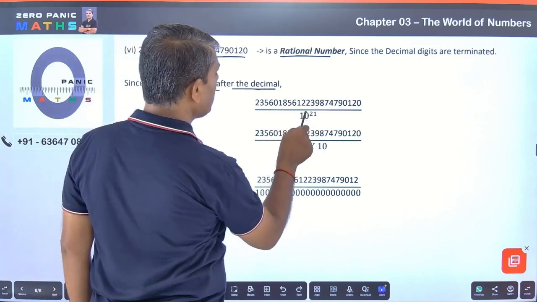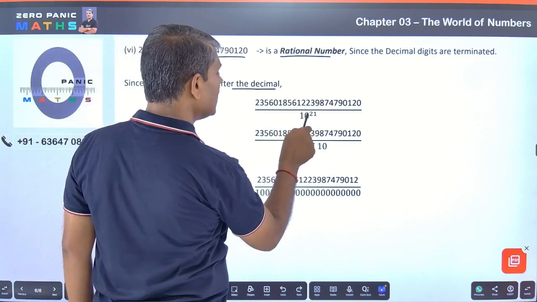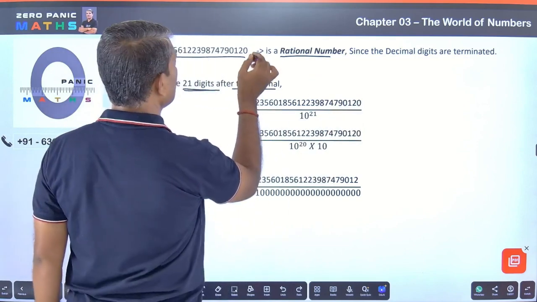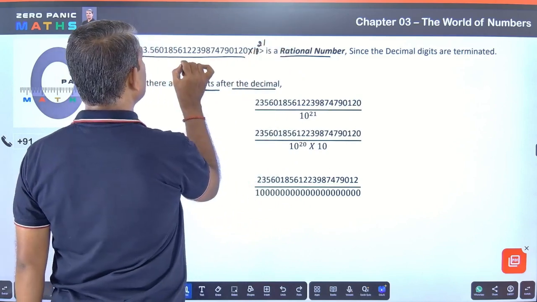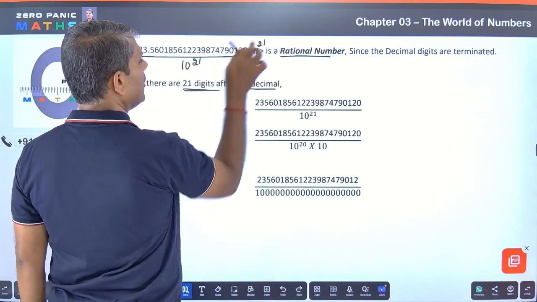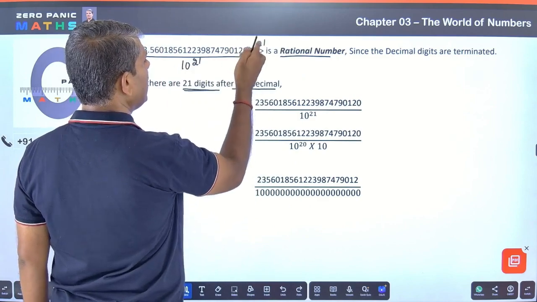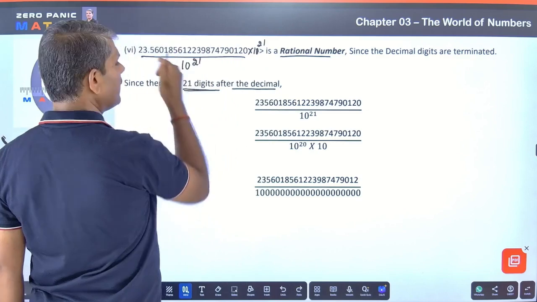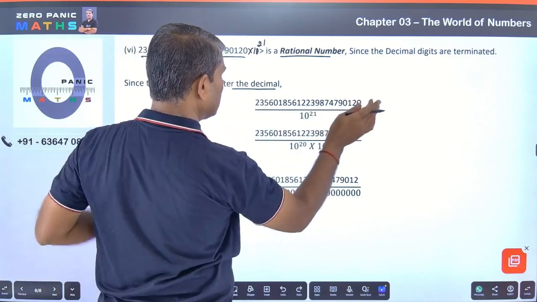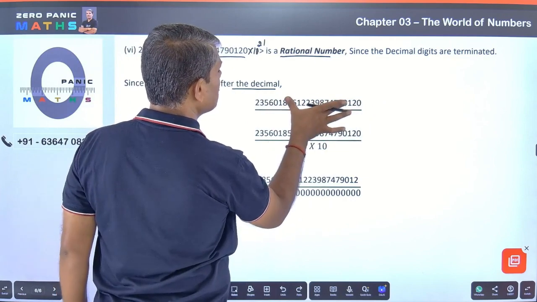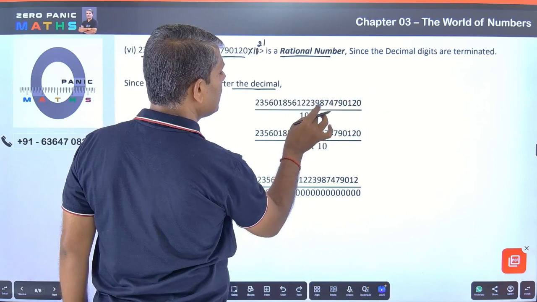So I multiply by 10 to the power of 21 and divide by 10 to the power of 21. This brings 21 digits to the left side. I cannot read this value, it is such a big number, so this is the value divided by 10 to the power of 21.